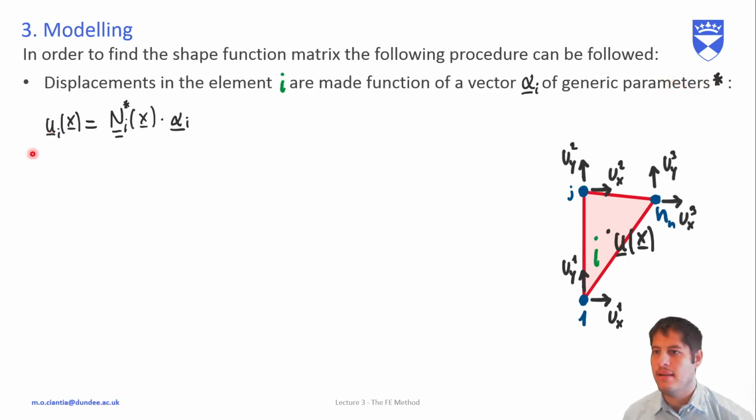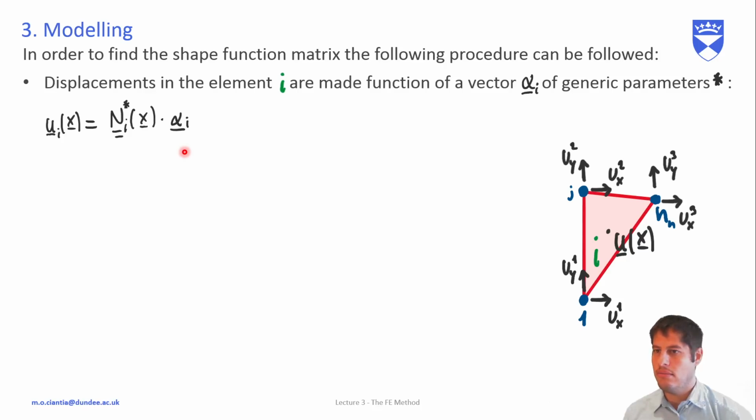So we can say that u of element I, at any point inside the element, is equal to a shape function N star times alpha I, okay?